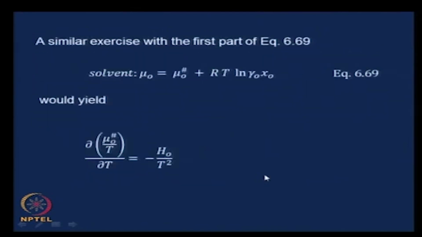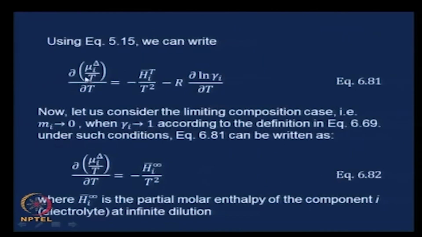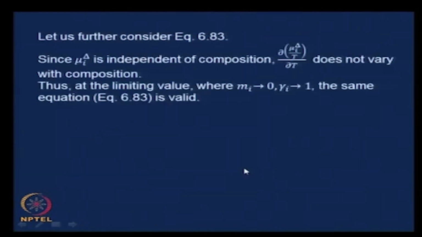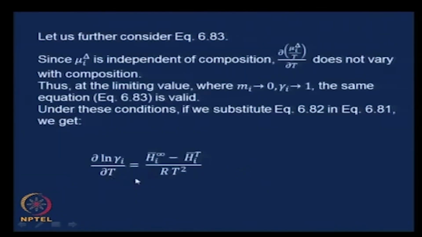We are just substituting this into this, minus H_i infinity hash by T squared onto this and getting an expression for dou ln gamma_i dou T, equals H_i infinity hash minus H_i hash by RT squared. We will call this equation 684, and what this gives us is the temperature dependence of the activity coefficient.